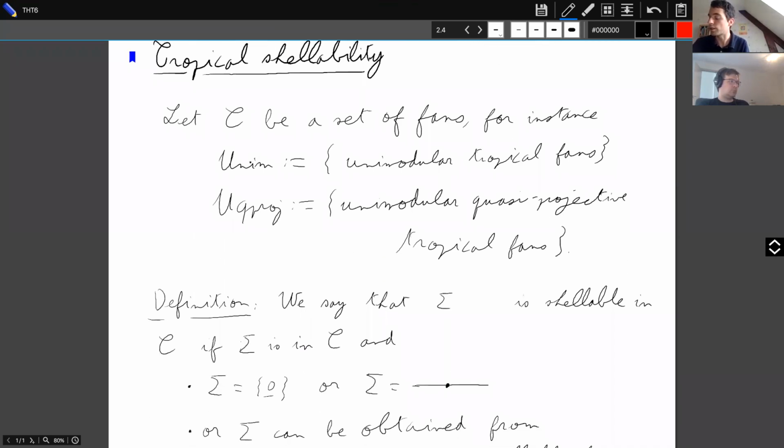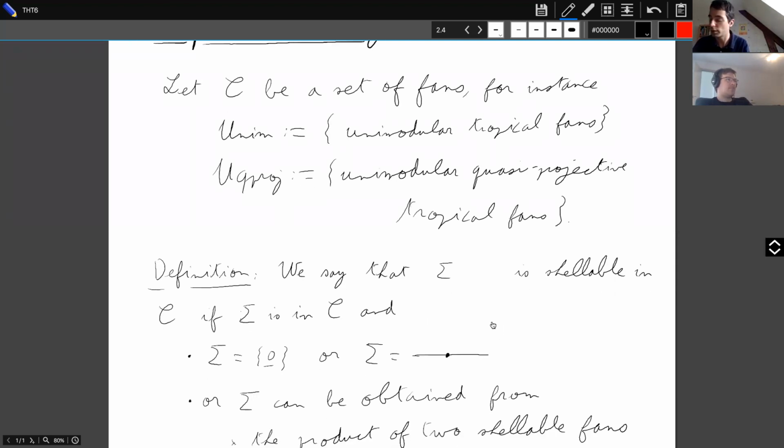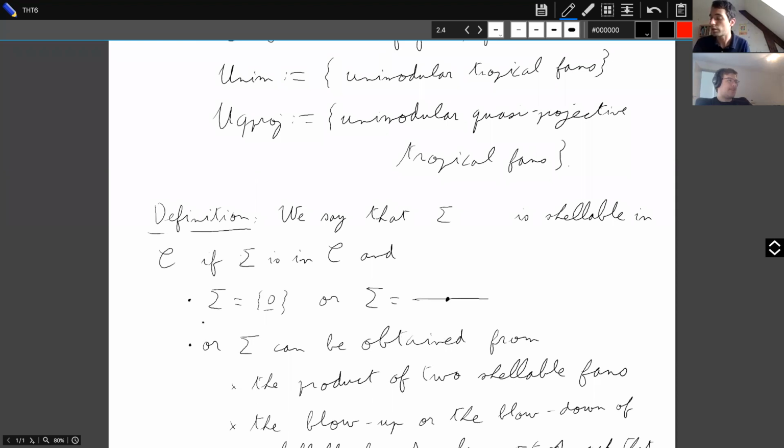And so you take C equals to one or the other as you want. And we say that a fan sigma is shareable in C if first sigma is in C. And either sigma is trivial in the sense it's just the origin or just the line R with the usual fan on it.